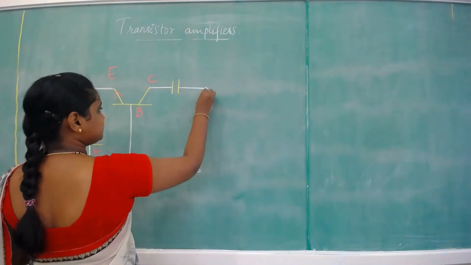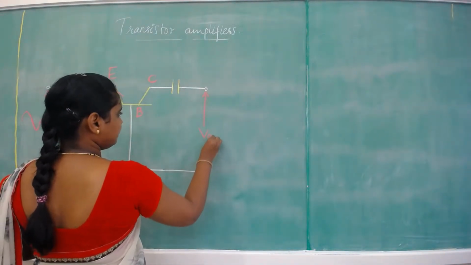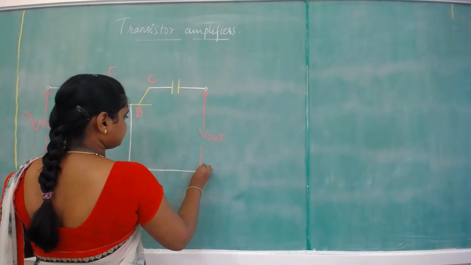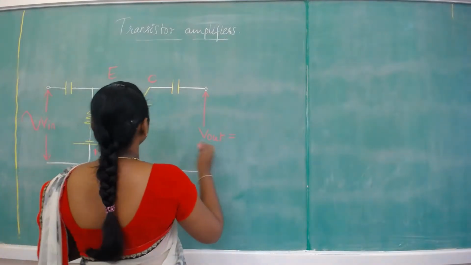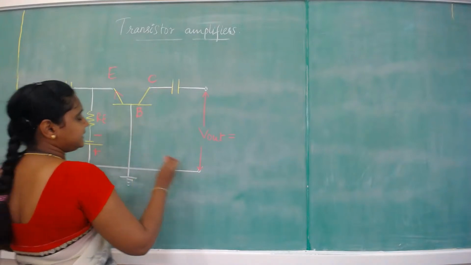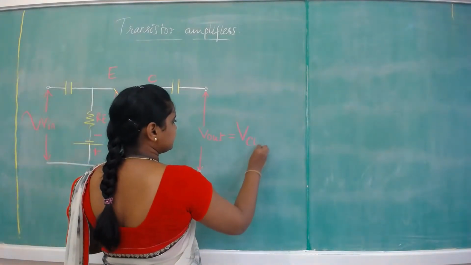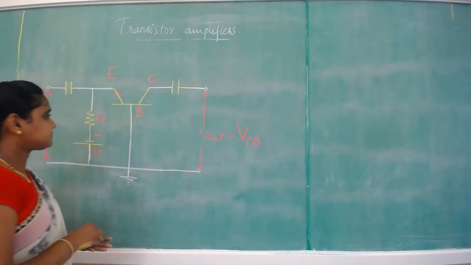Here there is the out. That is nothing but the voltage across the collector and base, that is VCB.